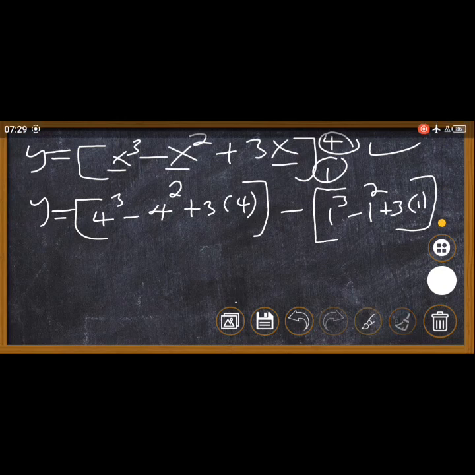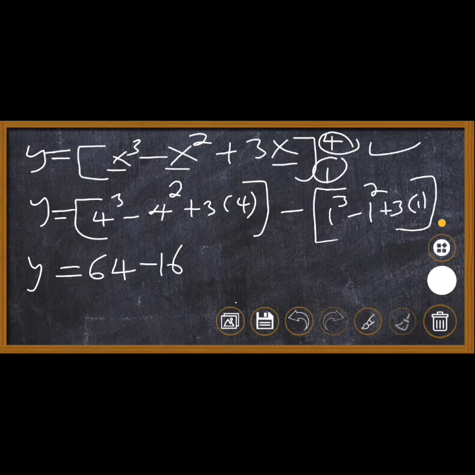Okay, so in this case then we are going to have y is equal to, so let's simplify that. What is 4 raised to power 3? It's 64. Then minus 4 squared is 16. And then added to, what is 3 multiplied by 4? That is 12. Okay, so let's put that in the brackets. Then we subtract what we have on the right side.